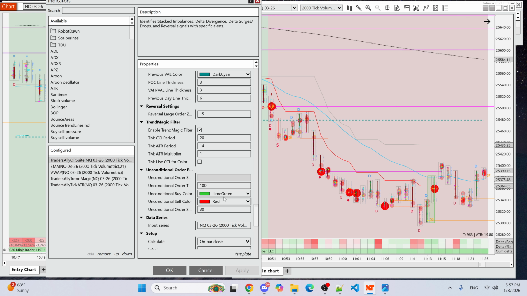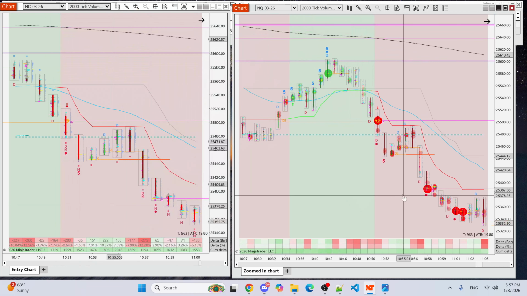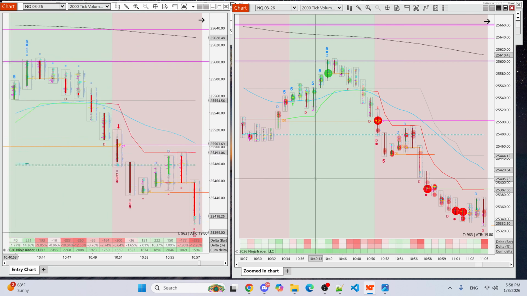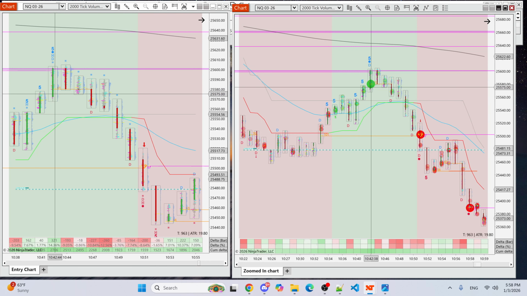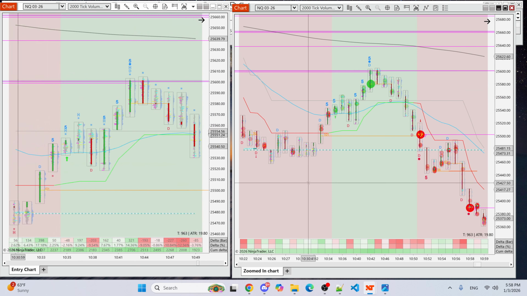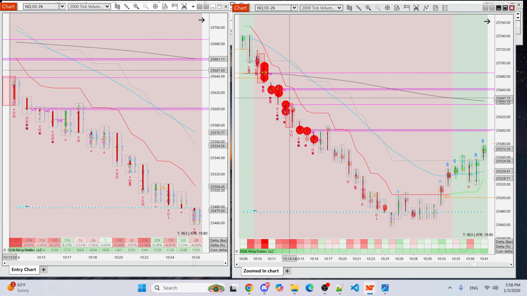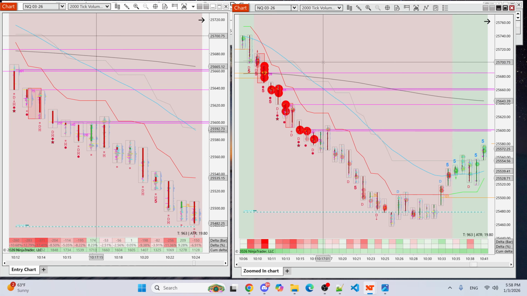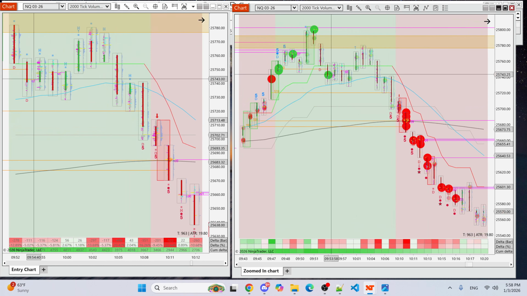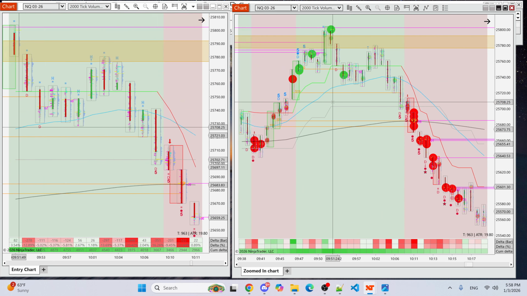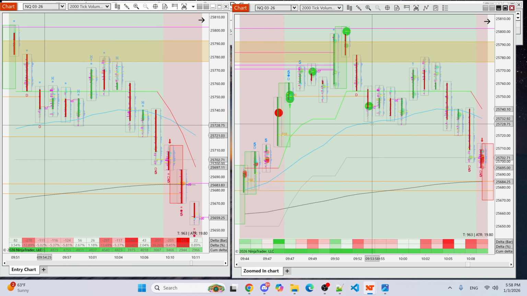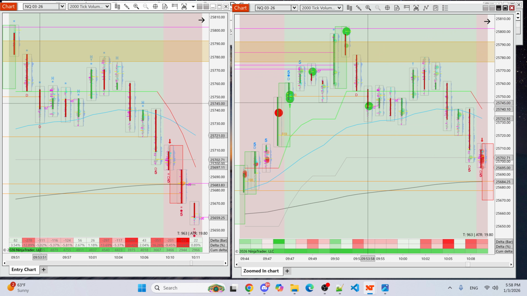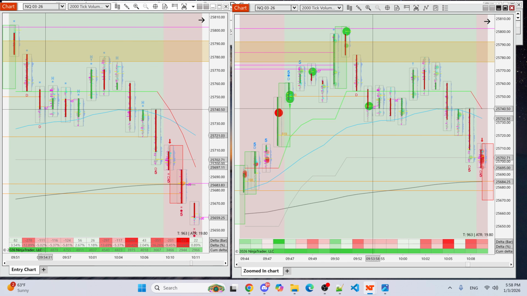They also are represented with these colors, and what they show us is that unconditionals will only show when it's about having a bar, like see right here, we have a bearish bar, but we have a large buy order. So that's what it means by unconditional.